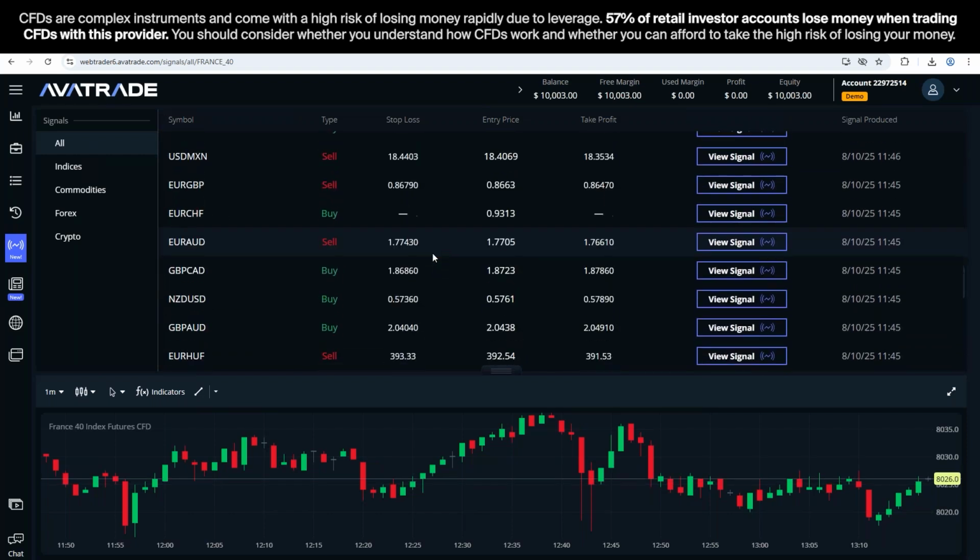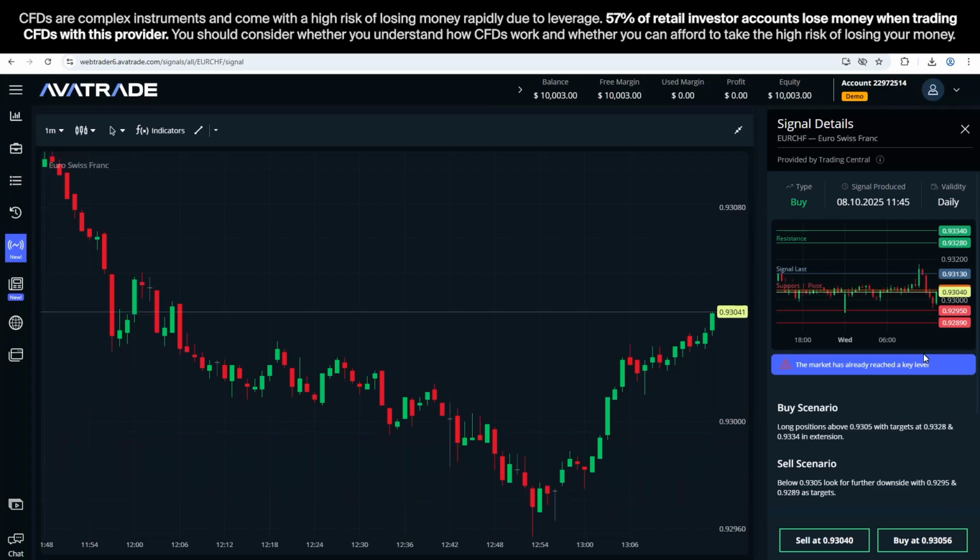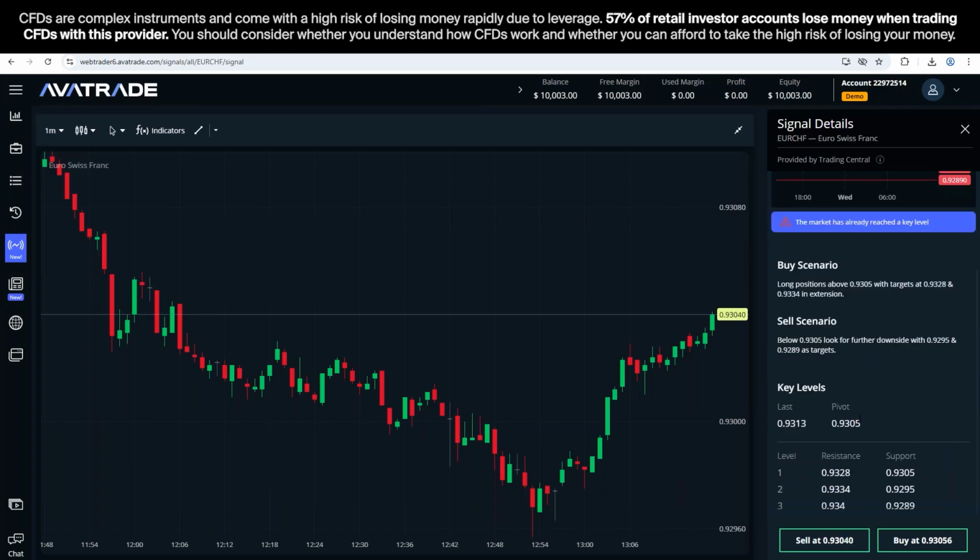If we use one of them as an example, we'll take Euro CHF, it doesn't make a difference. I just want to show you the message here. We will see that the levels have already passed. And if we try to use the signal, that's how it looks, by the way, it's not going to let us. Typically, when I see a signal, I see we've got a buy and sell scenario.